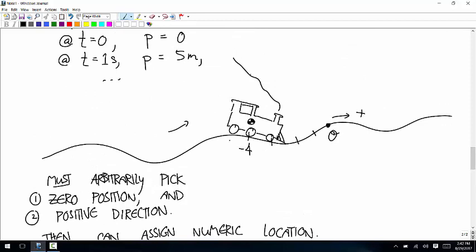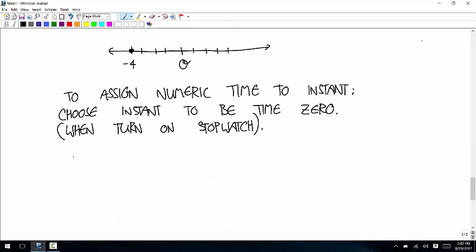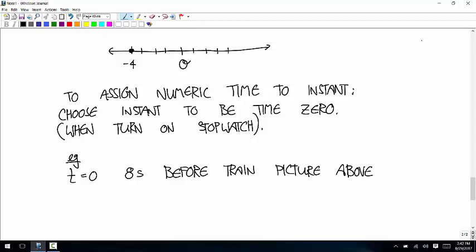So now, if we had said our 0 time is going to be 8 seconds before the train picture above, then the instant of the picture has the numeric time 8 seconds.